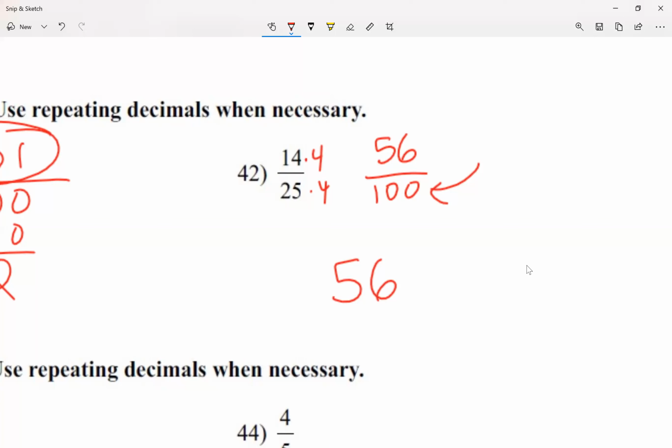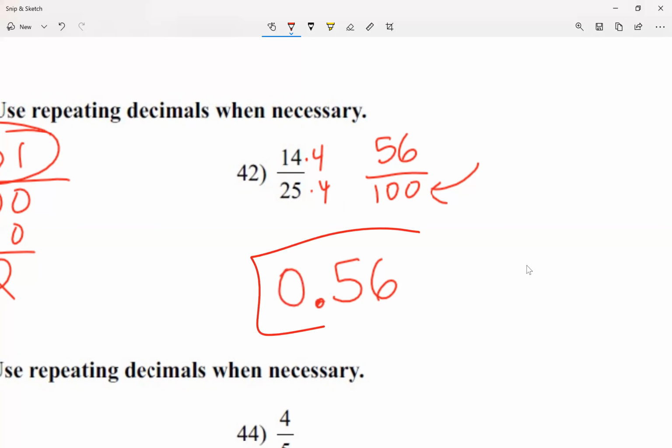The amount of zeros is how many decimal places. Decimal places is how many numbers after the decimal point. So in this case, I have to have 2 decimal places, so my decimal goes right there. So it's 0.56.